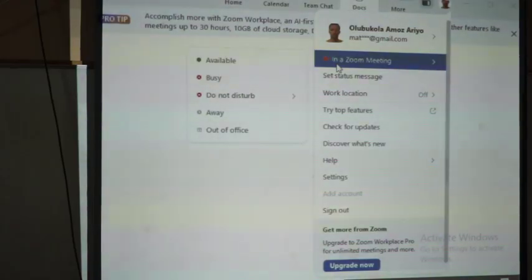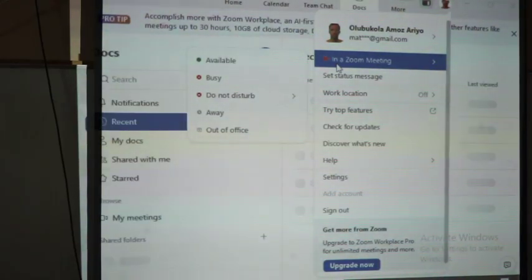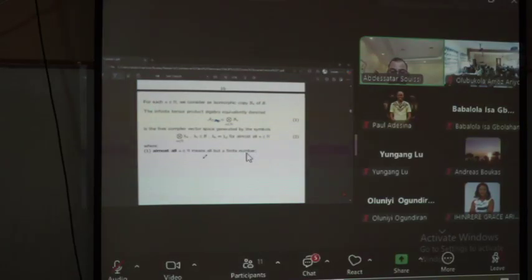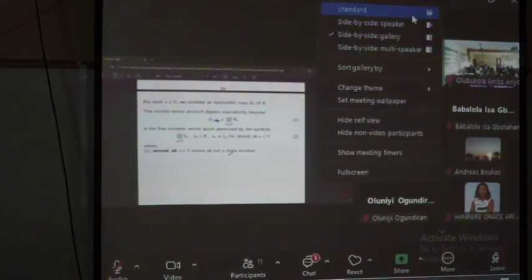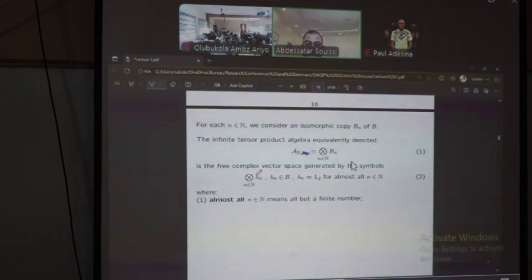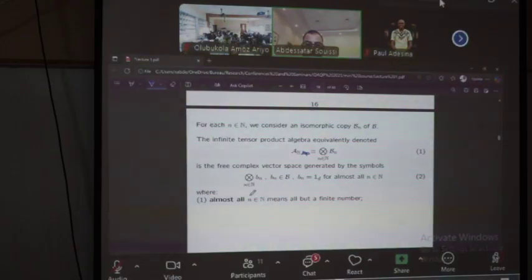How is this infinite product defined? It's defined through tensoring finite, or what is called almost finite sequences, in the sense that almost all B_n, except a finite number, are ones. That is, only a finite number of B_n are different, the rest are ones.